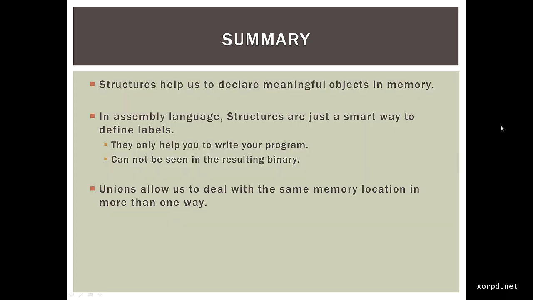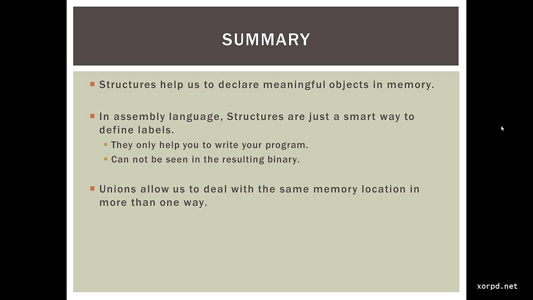Summary of what we have seen. Structures help us to declare meaningful objects in memory, and by meaningful I mean meaningful to us. In assembly language, structures are just a smart way to define labels. I want to remind you that they only help you to write your own program, but they cannot be seen in the resulting binary. This is pretty important.